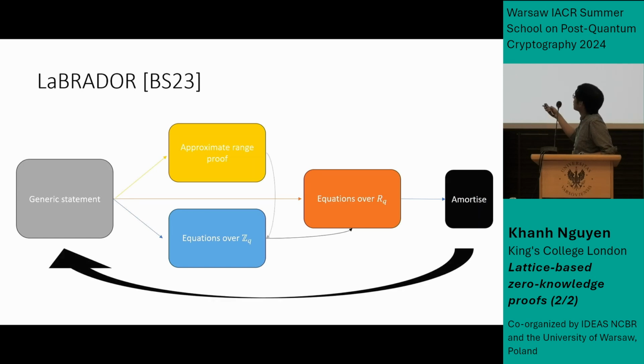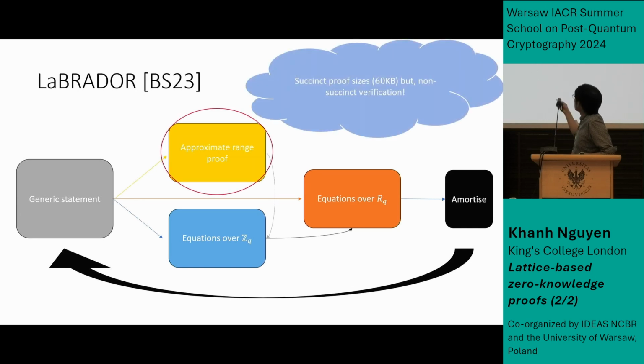Then there is a mapping for approximate range proofs to equations over ZQ, from ZQ to RQ, just like here. And then there's a smart amortization so that we can go back. So with Labrador, it's very efficient to prove very big statements, with proofs around 60 kilobytes. The problem is that we don't have succinct verification.